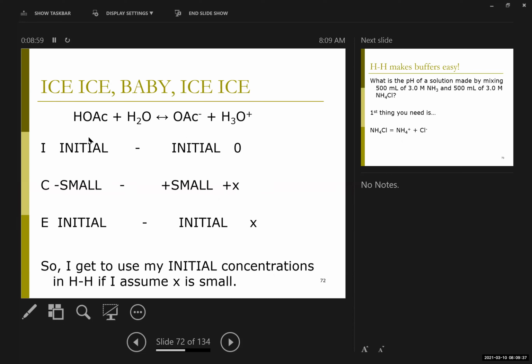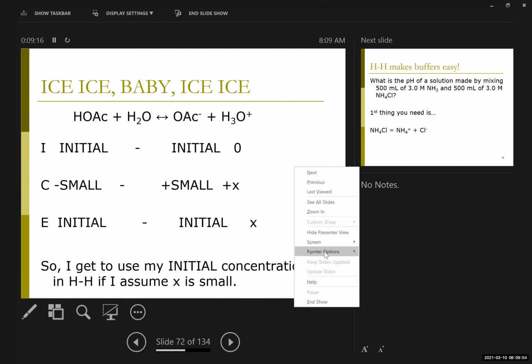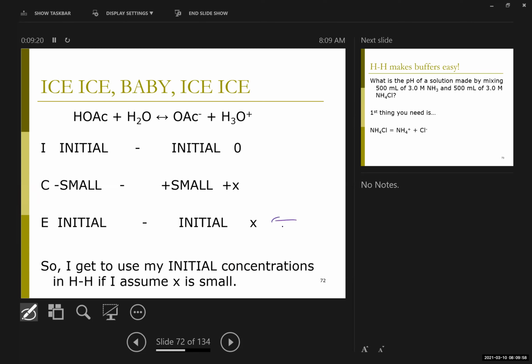And I really don't need to write the Ka equation, at least in its normal form, because Henderson-Hasselbalch is the Ka equation. And my solution ends up being all up here, in the initial concentrations, as opposed to at the bottom in the final concentrations, which is the more normal case. Really, this is where my Ka applies.